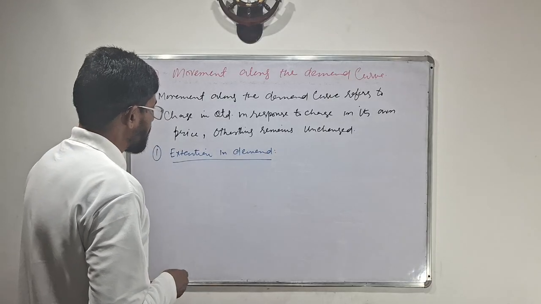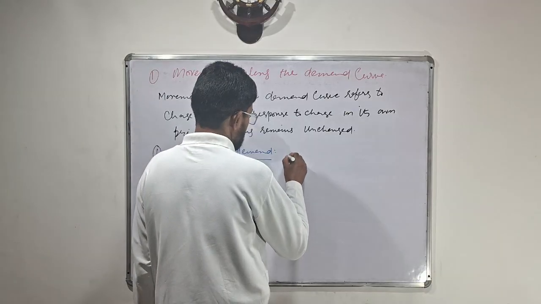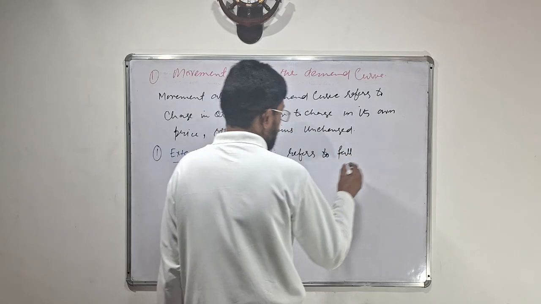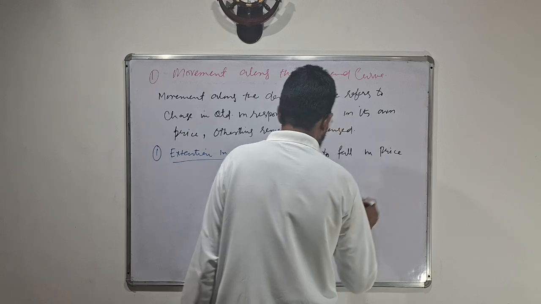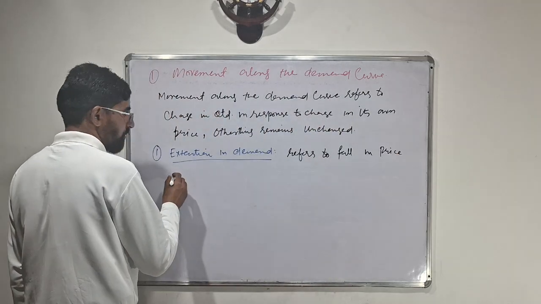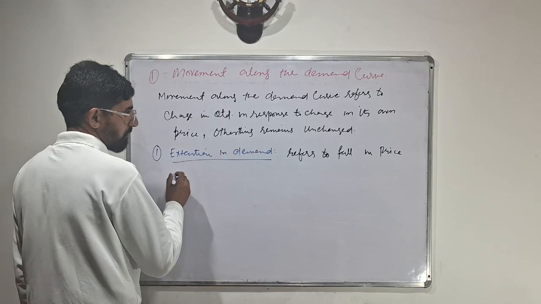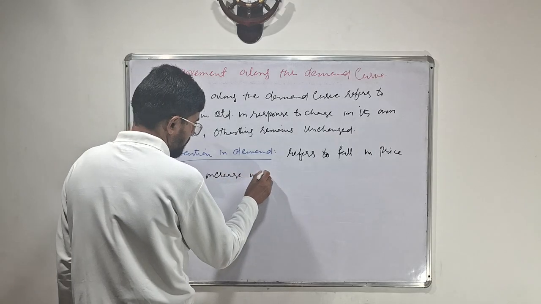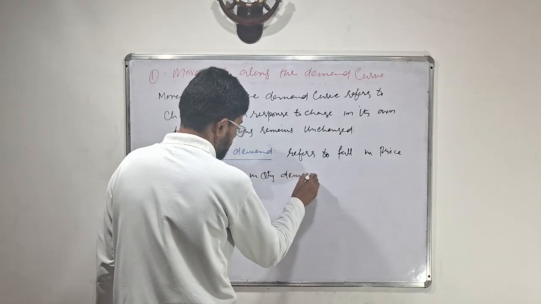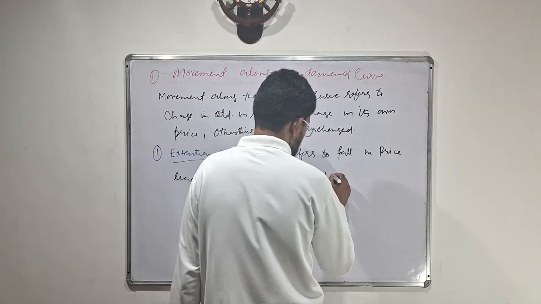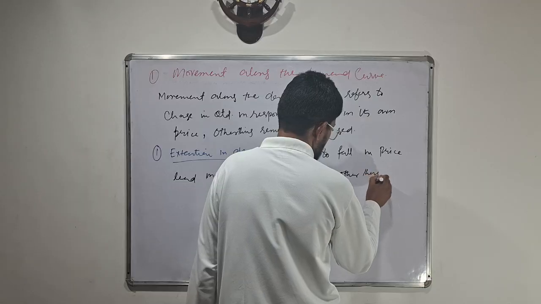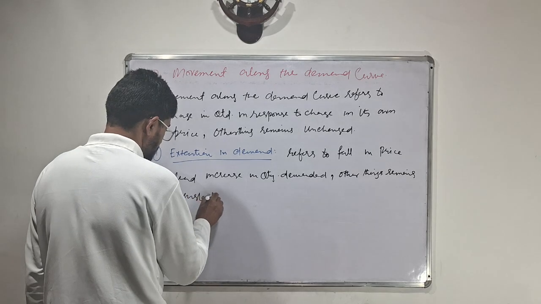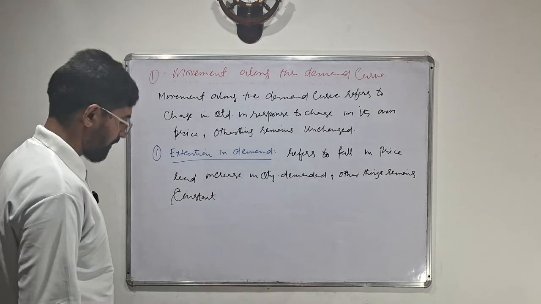Extension in demand refers to a fall in price leading to an increase in quantity demanded, other things kept constant. Other things remain constant.